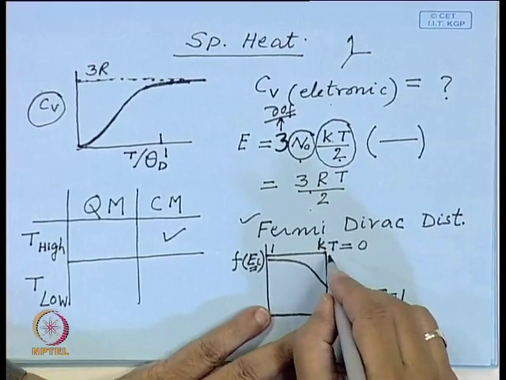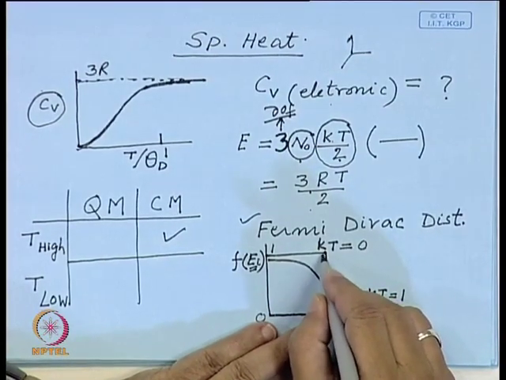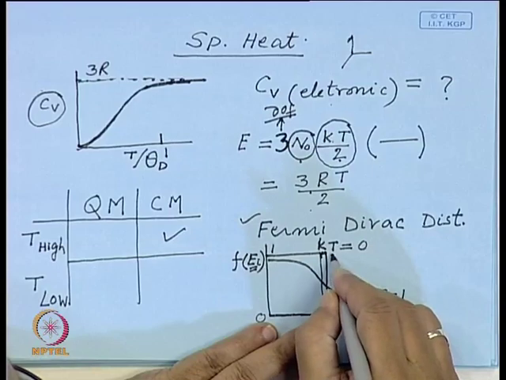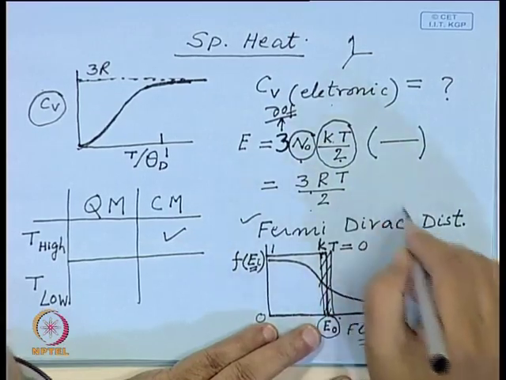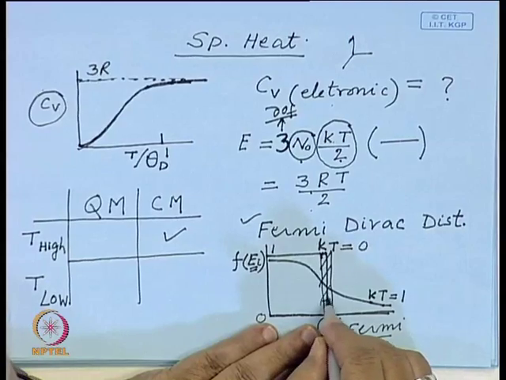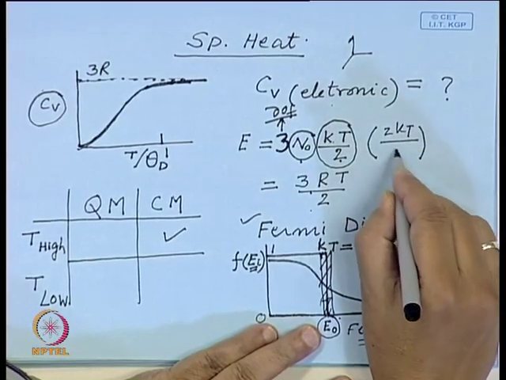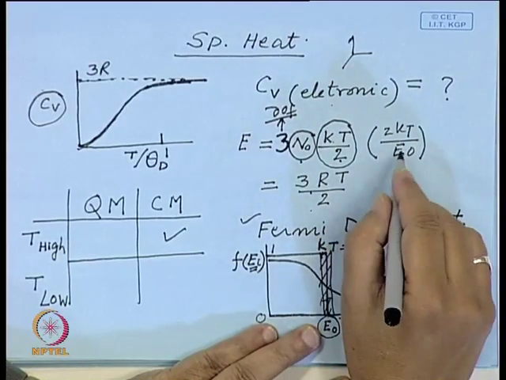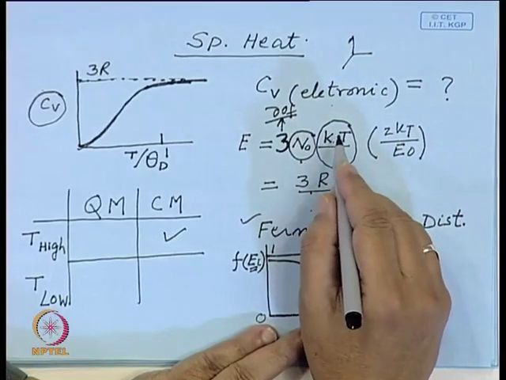Let us try and find out the number of electrons which will contribute. We can assume an area, say kT by kT, so this side is kT and this is kT, so twice kT times this. So, not all the electrons contribute.